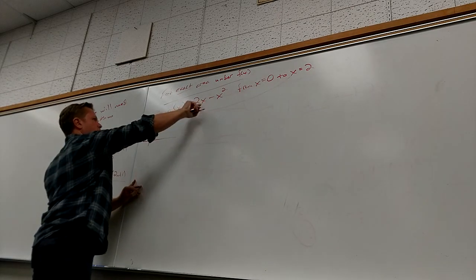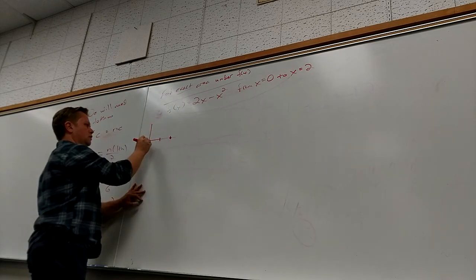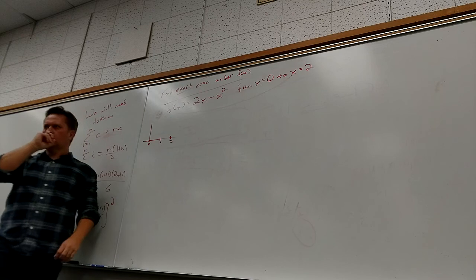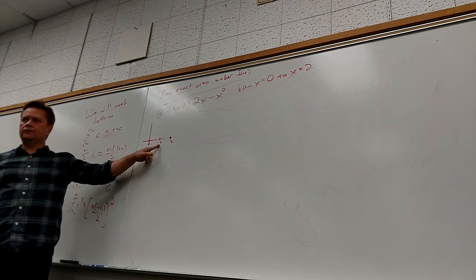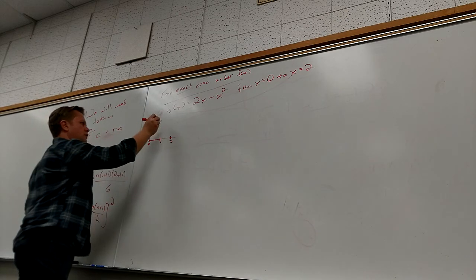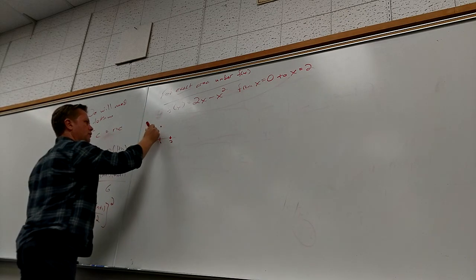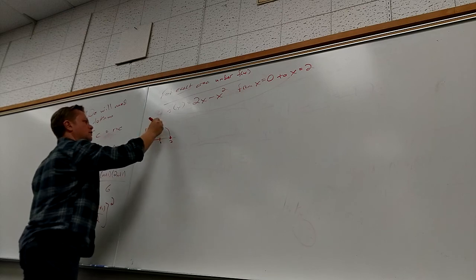So the intercepts, if you factor this, are 0 and 2. The vertex has to be at x equals 1, and when you put a 1 in, you get 1. So this is a very nice little area.